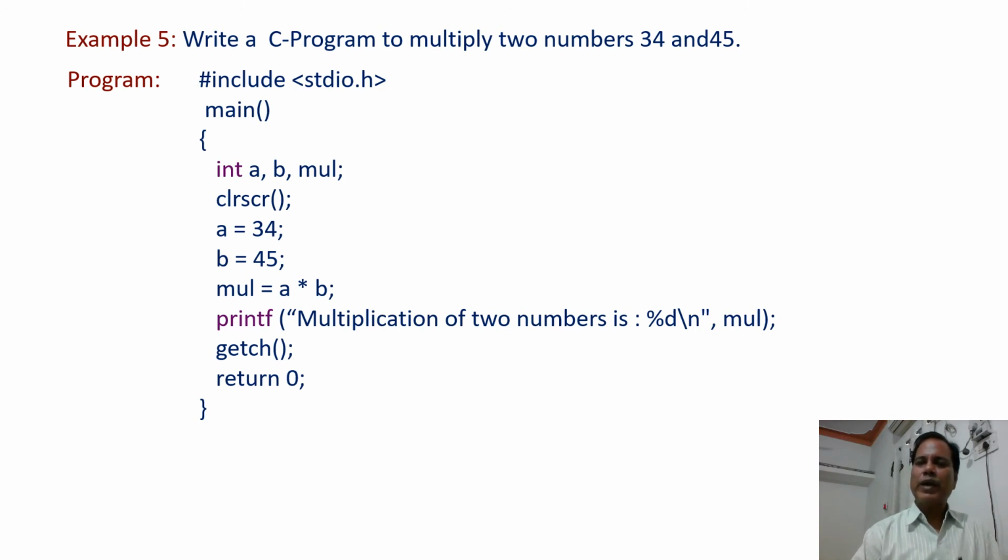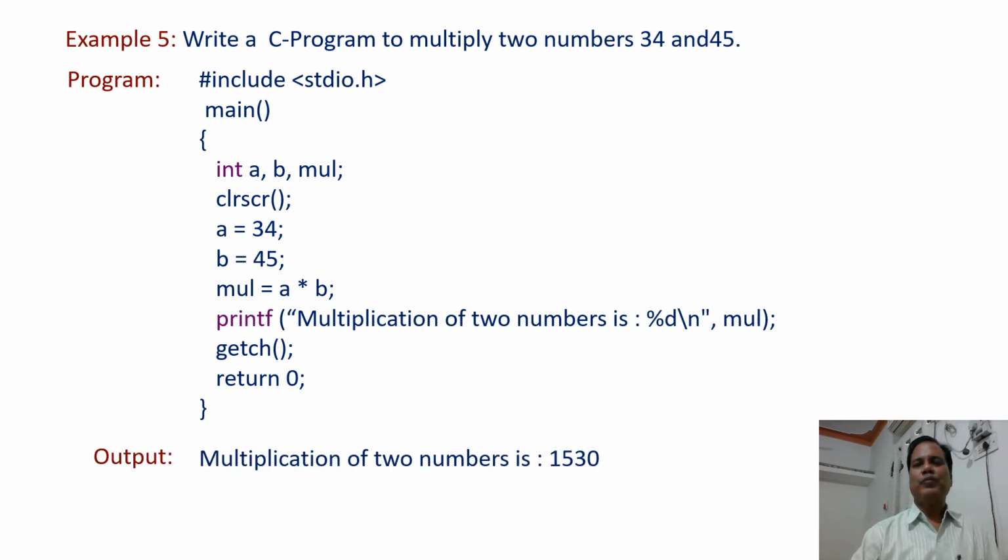So at this point, the variable value gets printed. So in this way we can multiply two integer numbers, and when this code is executed by the C compiler, we get the result as multiplication of two numbers is 1530.